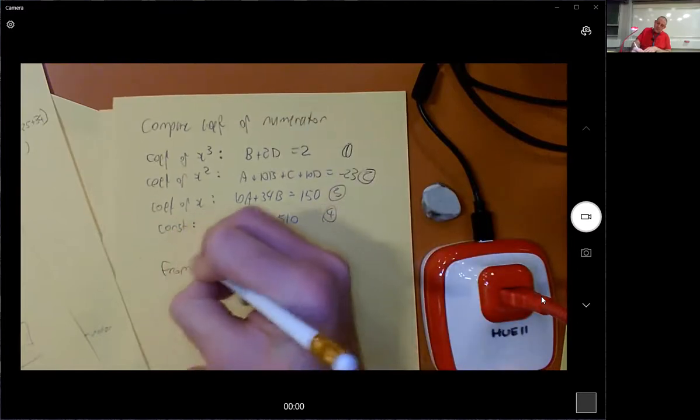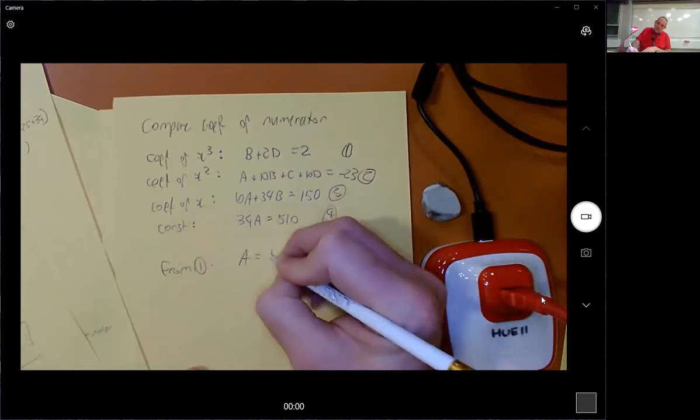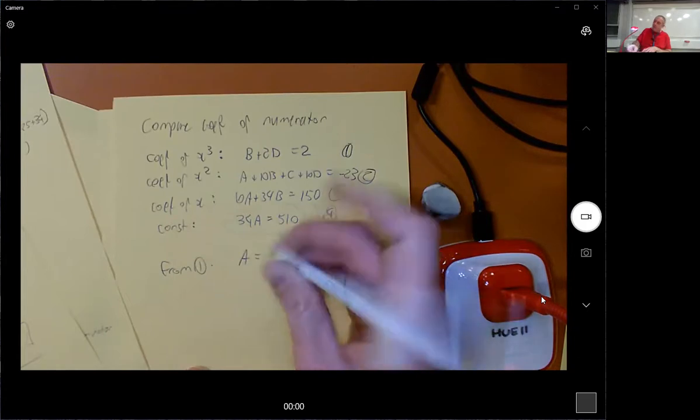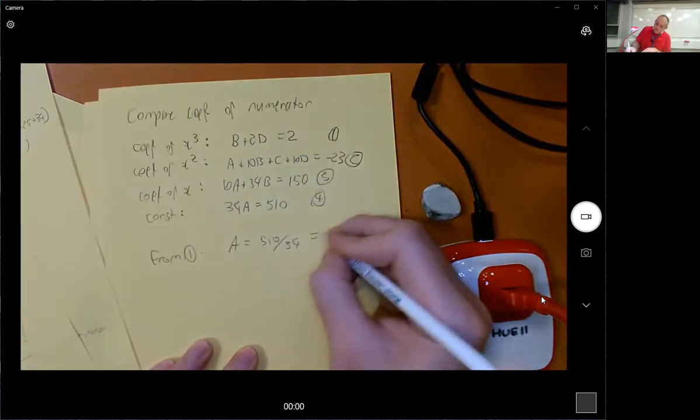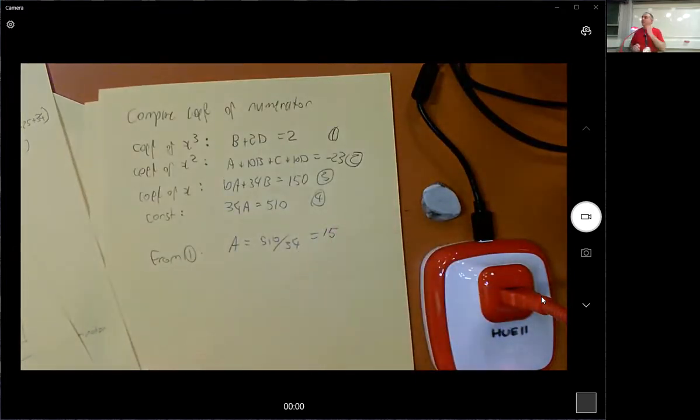So from 1, a is 510 divided by 34, for which I'll need a calculator because I can't be bothered trying to do that myself. It's 15. Awesome. It's almost like I set it up this way.